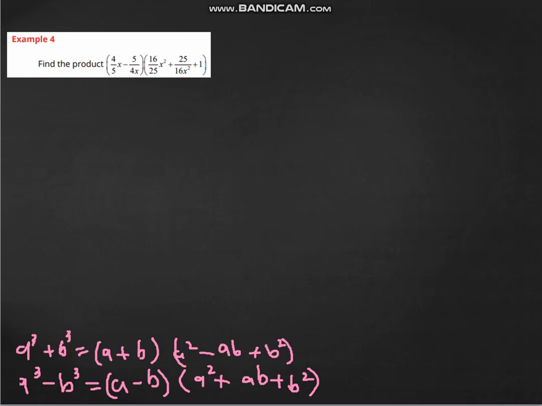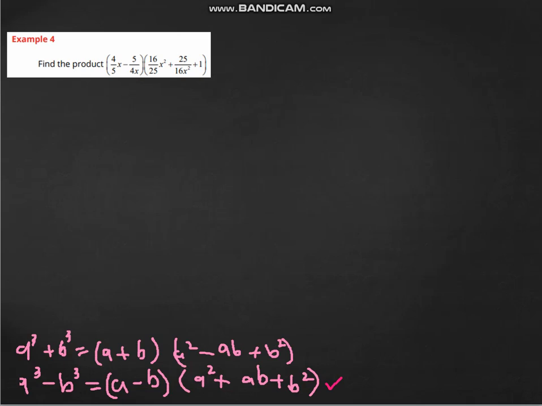So we'll just try to do it really quickly. We can see that this thing is fitting the a cube minus b cube formula, because 4 upon 5x minus 5 upon 4x would be a minus b, and 16 upon 25, since 16 is the square of 4.